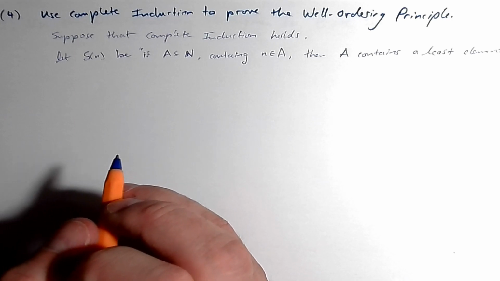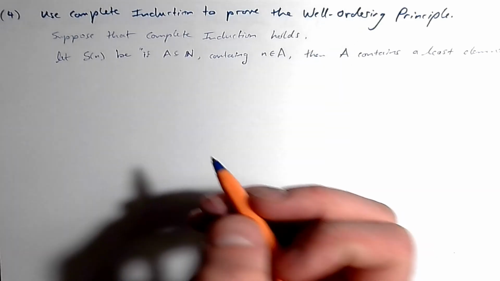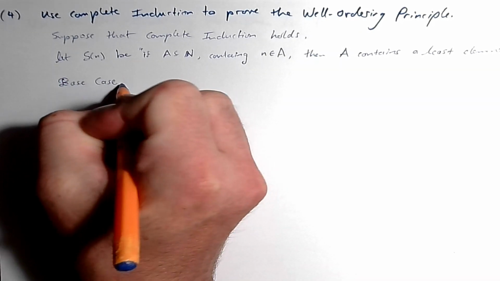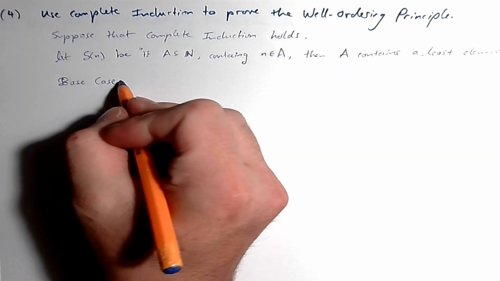But what we're about to do now is to show the base case, because this is what we have available. We have the principle of complete induction available to us.